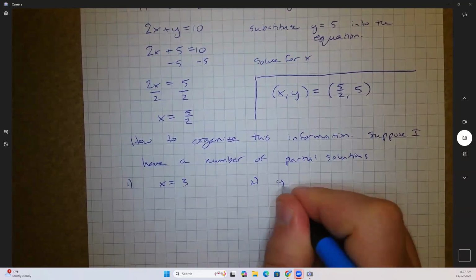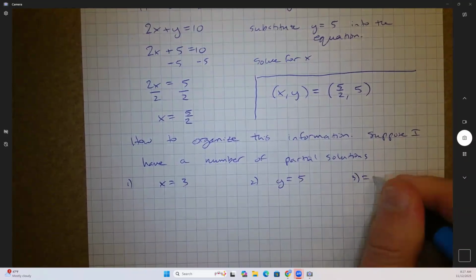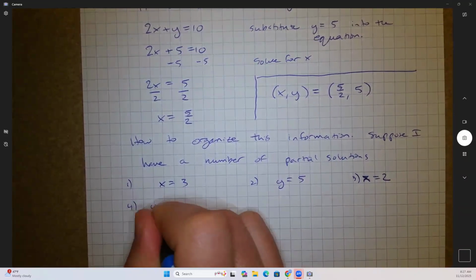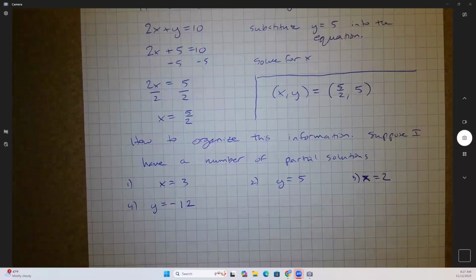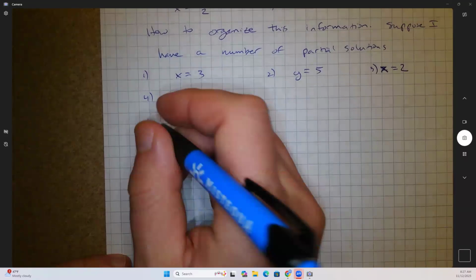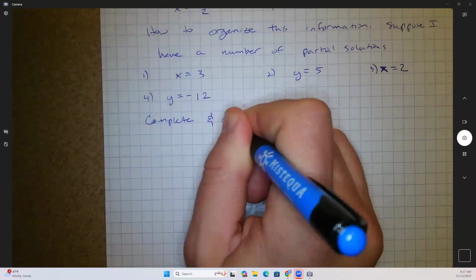Another of my solutions, I know that y equals 5. And still another of my solutions, I know that x equals 2. And in yet another of my solutions, I know y equals negative 12. And I want to complete all these different solutions and organize them.